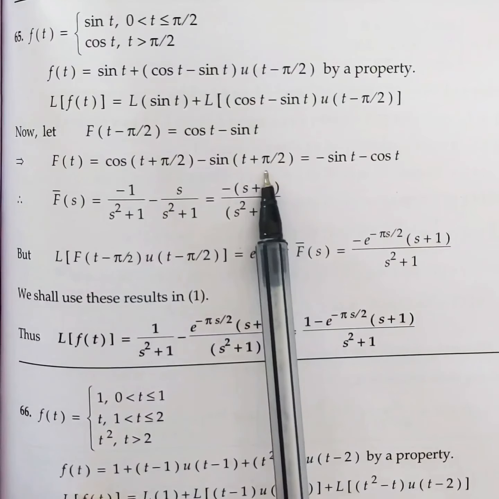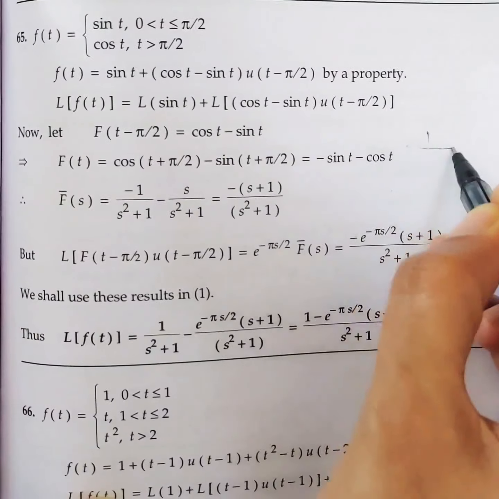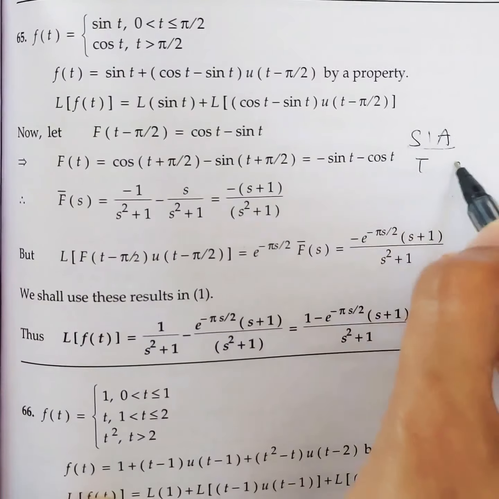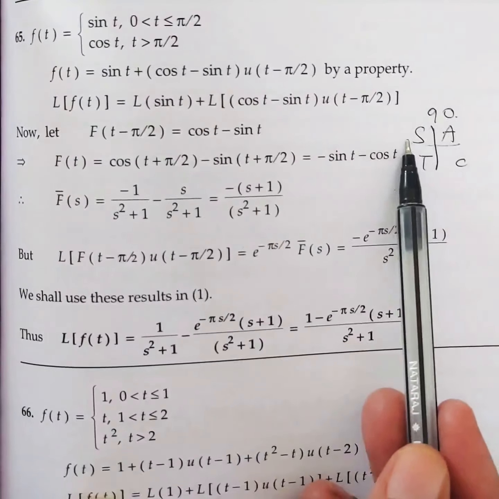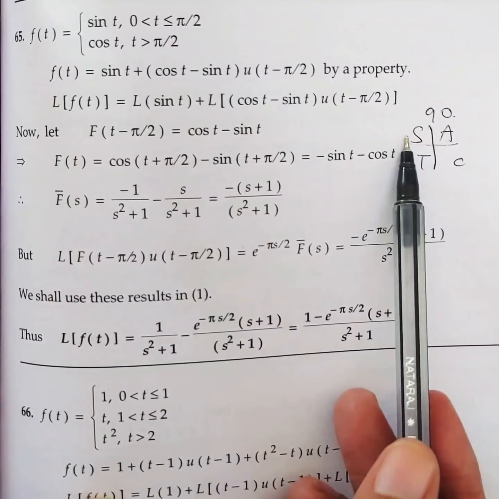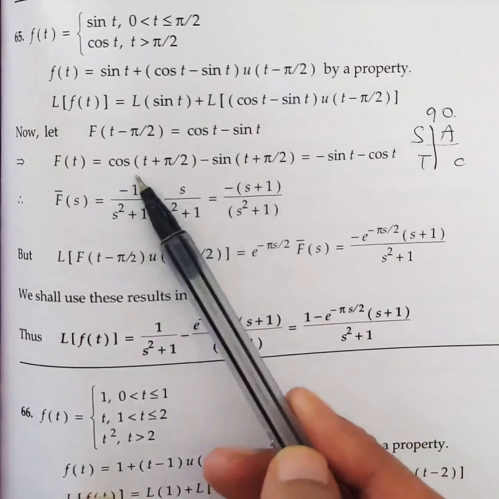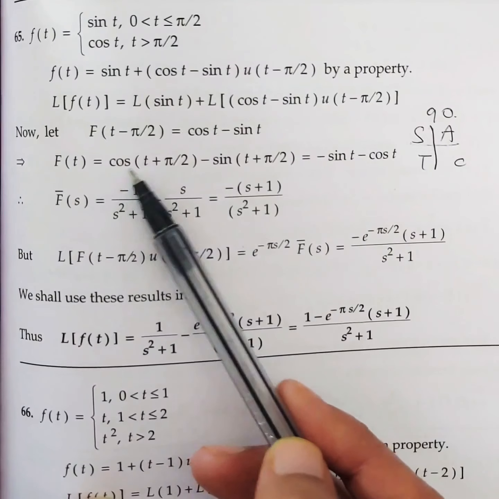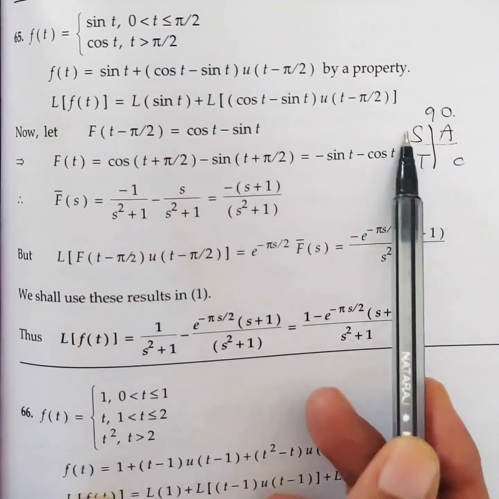And then 90 plus theta. So 90 plus theta, which quadrant? This is 90. So 90 plus theta means this quadrant, where sin is positive, correct? So here we have cos, so I will write sin, and only here sin is positive.